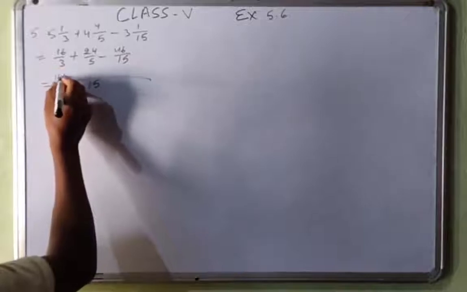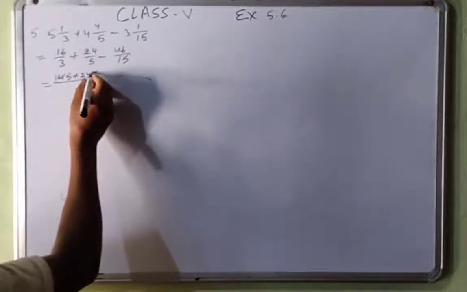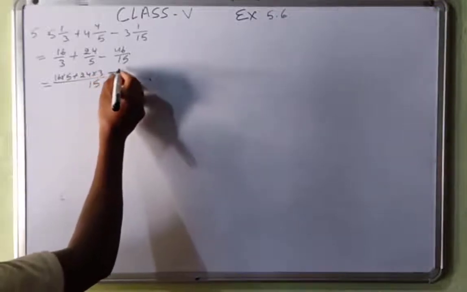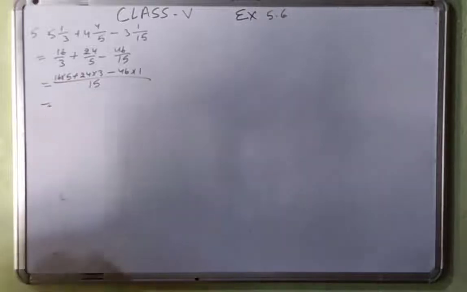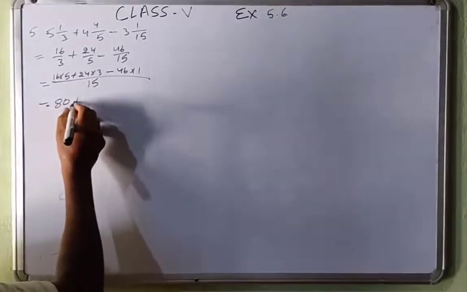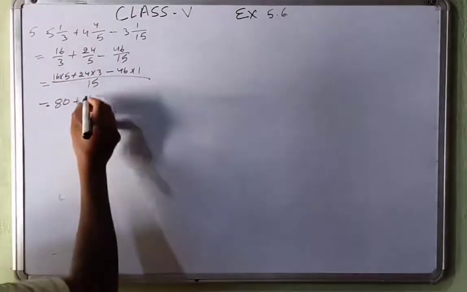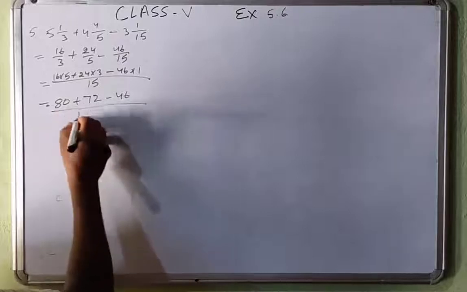So 16 multiply 3 5s are 15 plus 24 multiply 5 3s are 15 minus 46 multiply 15 1s are, that is 16 5s are 80 plus 24 3s are 72 minus 46 1s are 46, and then 15.